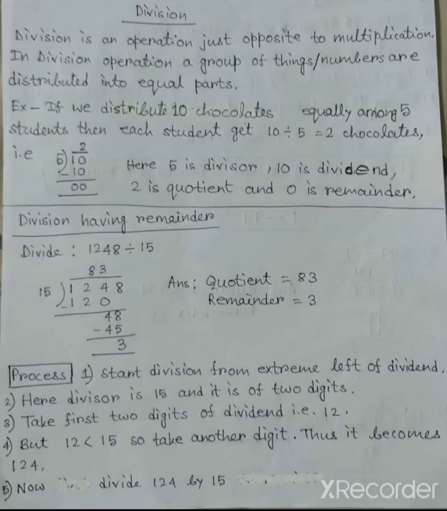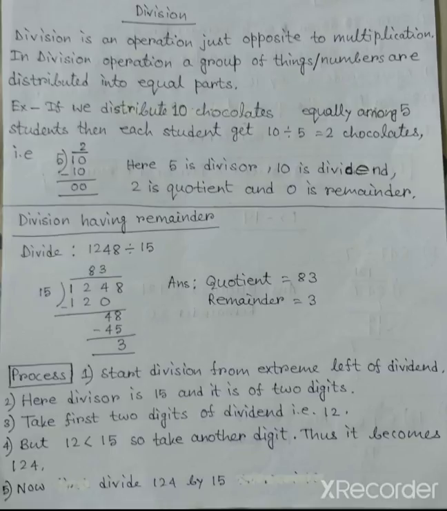Let's see an example. If we distribute 10 chocolates equally among 5 students, then each student will get 10 divided by 5 equals 2 chocolates. What is the process? Here 10 is divided by 5.